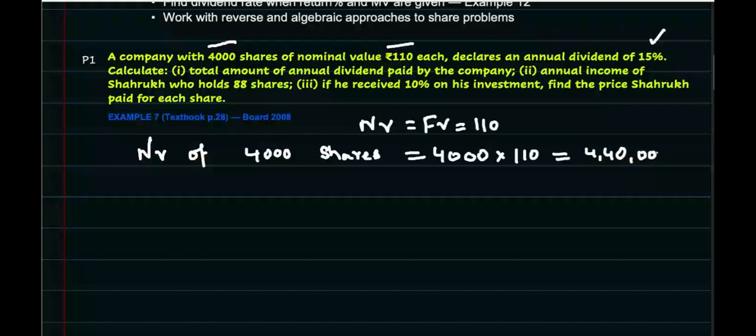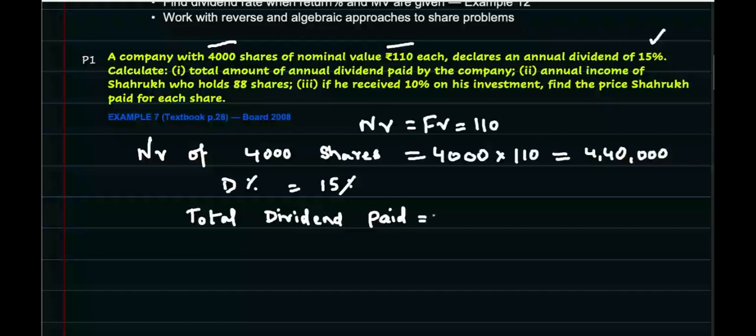So the total share value of the company is 4,40,000. And what will be 15% of this value? Dividend percentage is given as 15% of the face value. So total dividend paid equals 4,40,000 multiplied by 15 divided by 100.